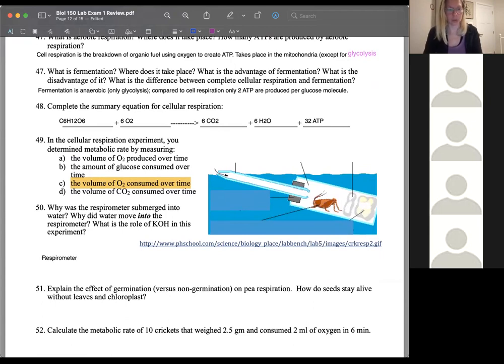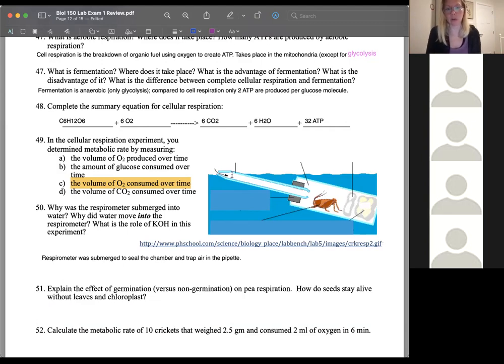Right, so the respirometer was submerged to seal the chamber and trap air into this pipette. And this was the way to control how much air was going into this little closed system here.